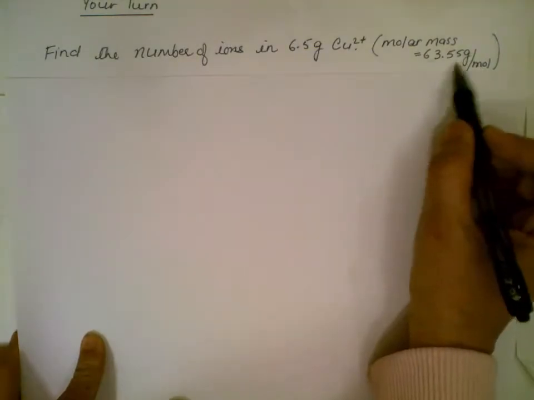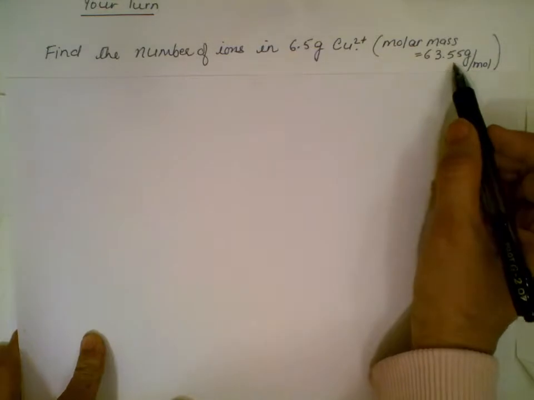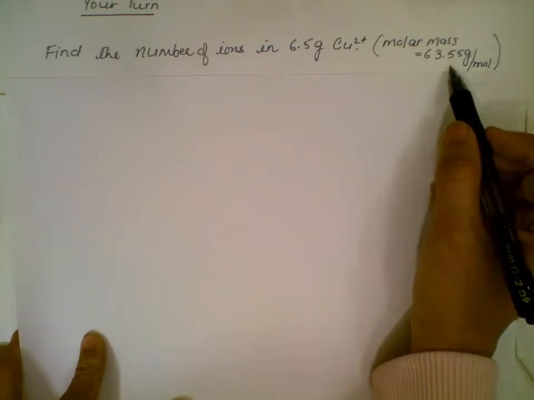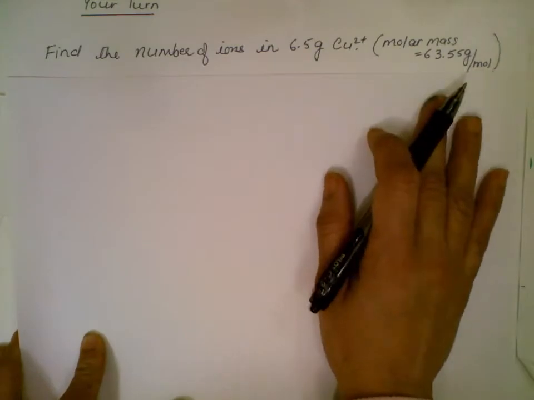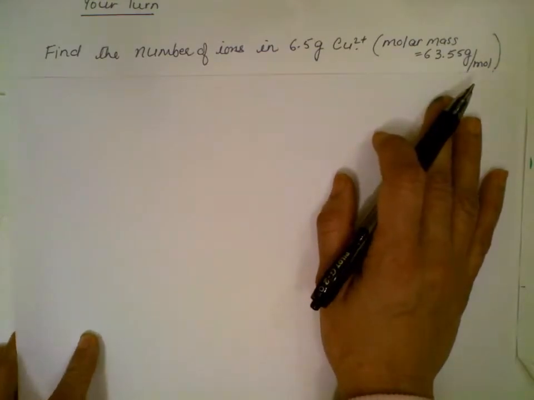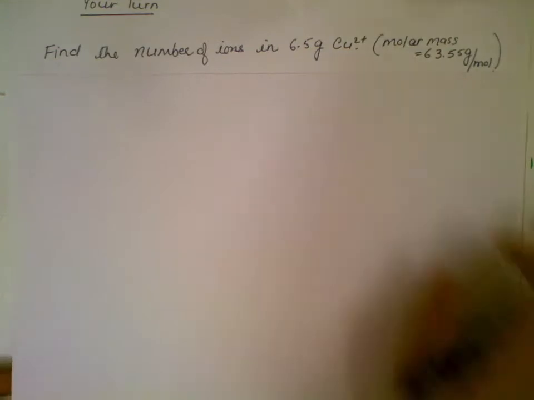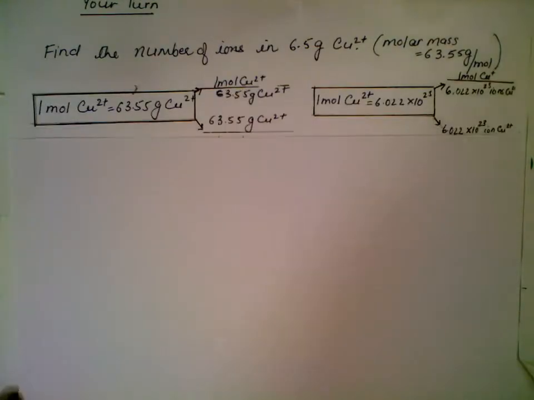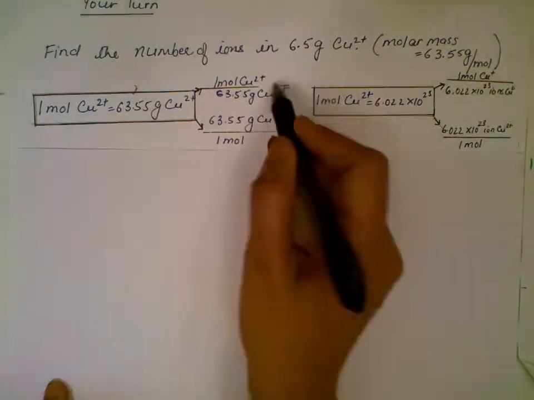This many grams, and it's coming from the periodic table. It's already given to you. And what else? The other factor you would need is the equivalent for moles and particles. So 1 mole of copper ion is 6.022 times 10 to the power 23 particles right here. So we are going to pick this one.